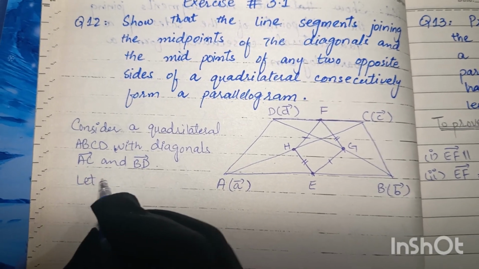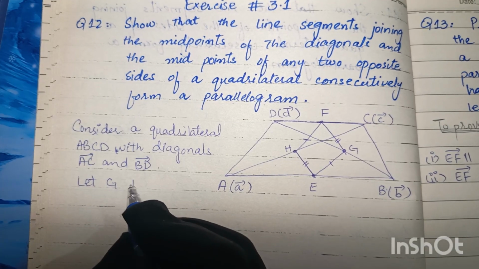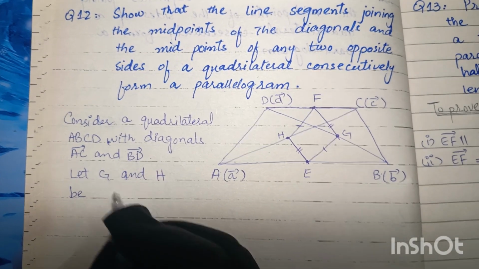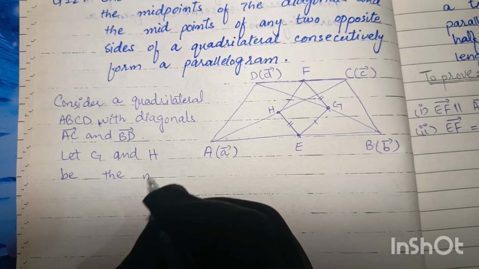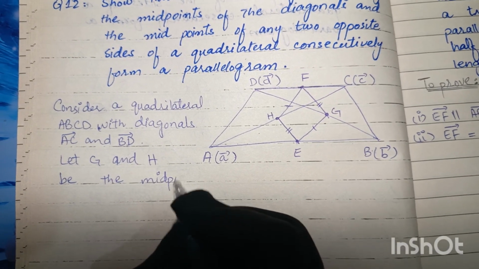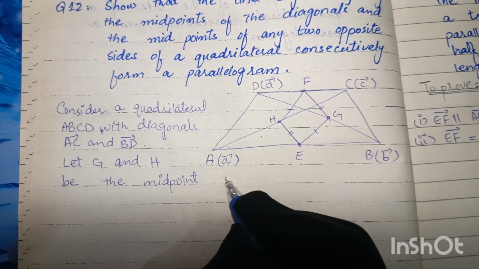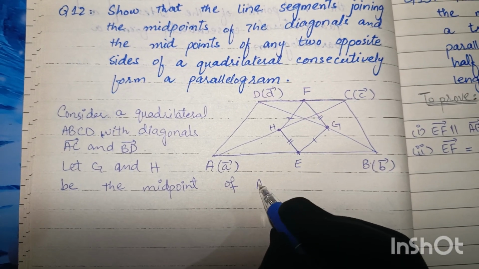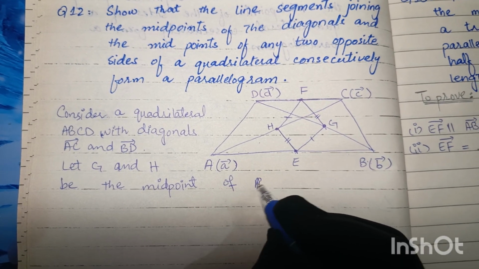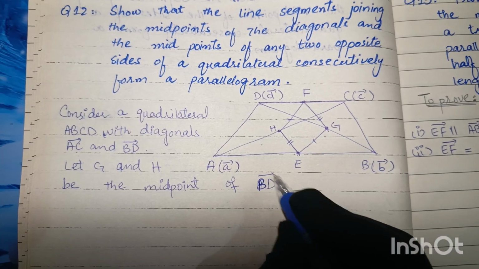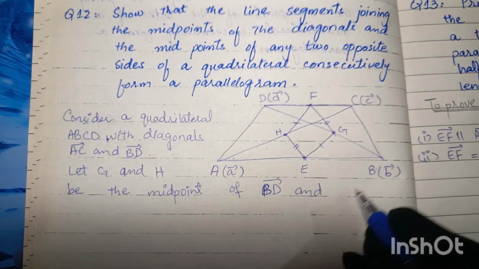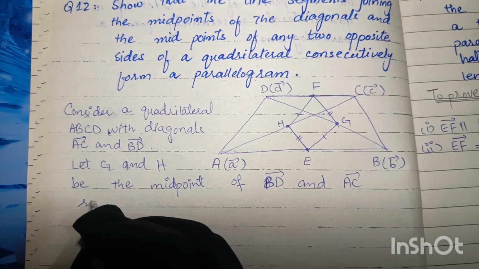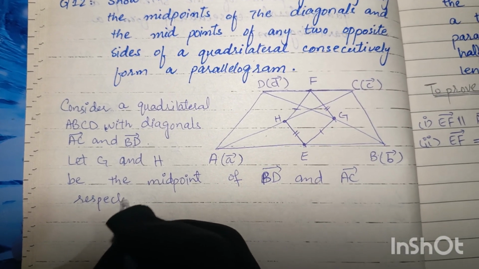Let G and H be the midpoint of BD and AC respectively.